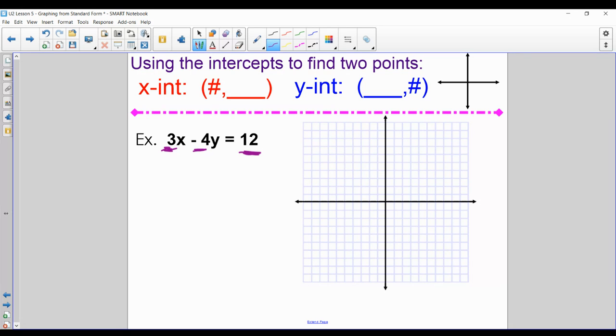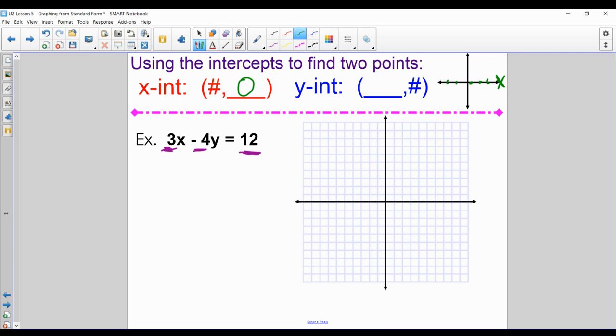Okay, so then I look at this and say, well, if I want to find the x-intercept, that means I'm somewhere along the x-axis. If I'm anywhere along this x-axis, I have not gone up or down, so that means the y value is 0.